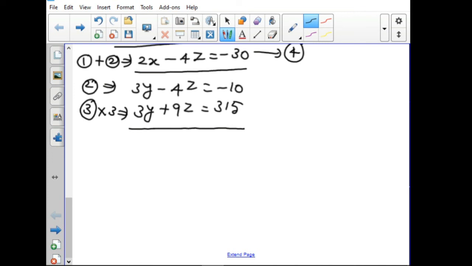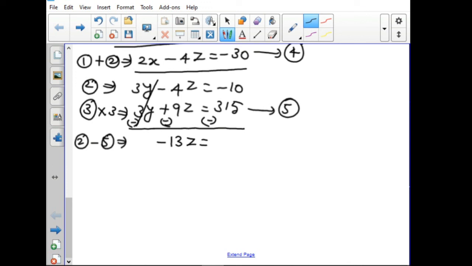So here we have to convert into subtraction. Okay, equation 2 and 5 you have to subtract. Subtraction means we have to change the sign of the second equation. So plus 3y minus 3y will be cancelled. Minus 4z minus 9z means minus 13z.